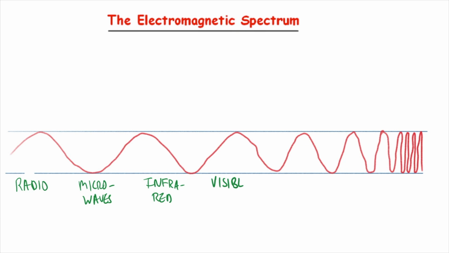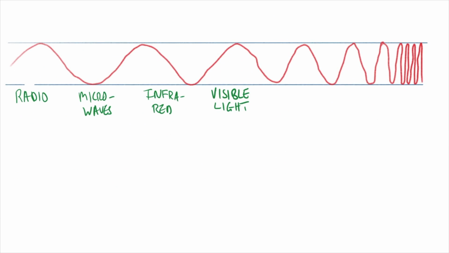Now the visible spectrum is a spectrum within a spectrum, because the visible light is what our eyes detect. That's a part of the spectrum from 400 to 700 nanometers approximately, and it starts off with red, orange, yellow, green, blue, indigo, violet, the colours of the rainbow.